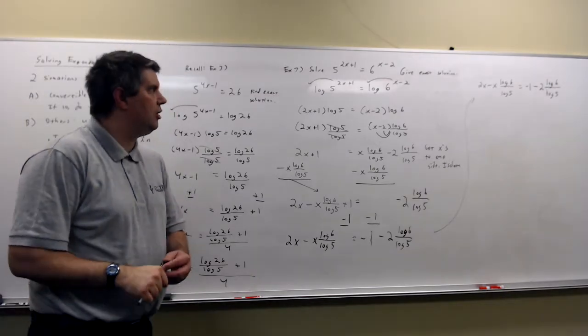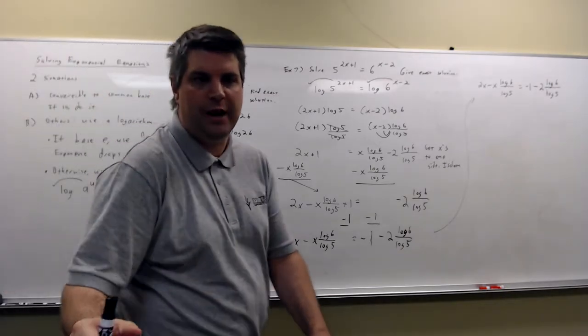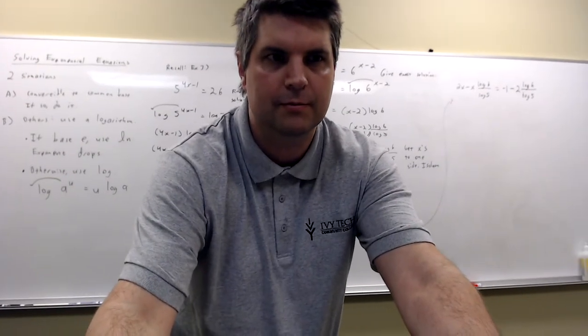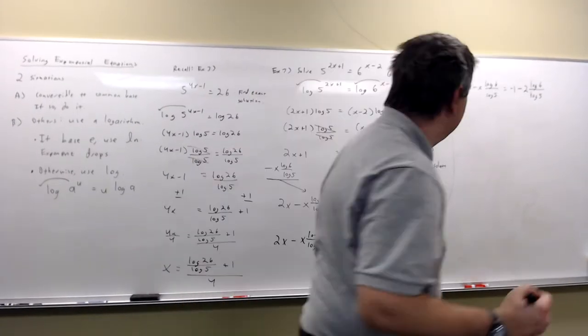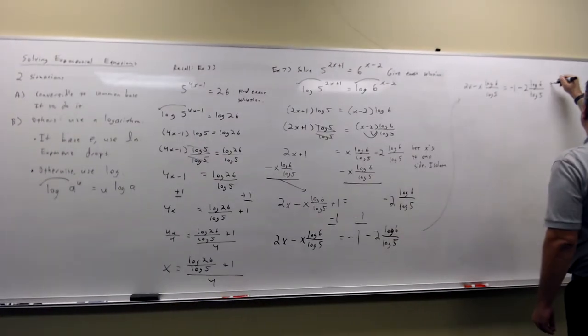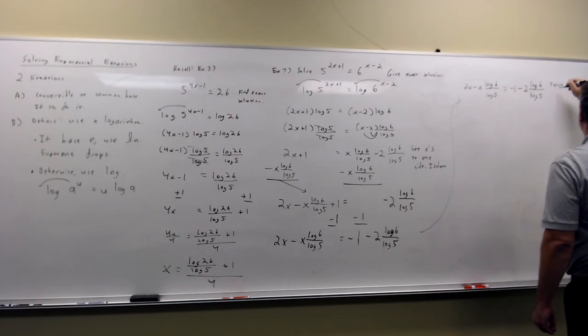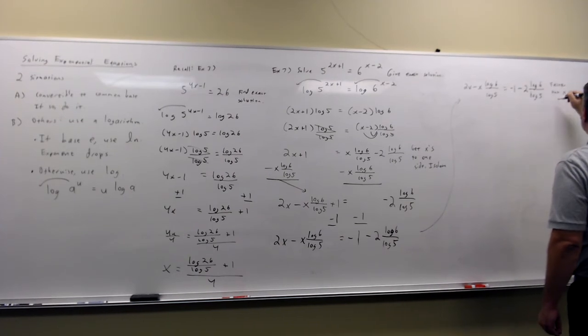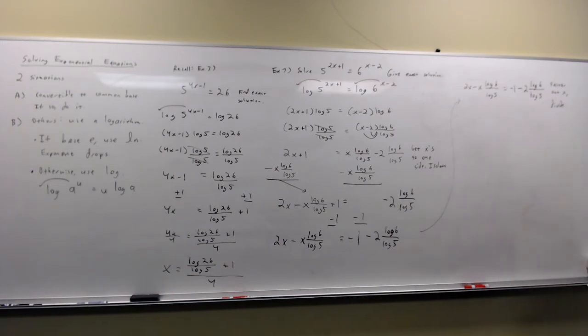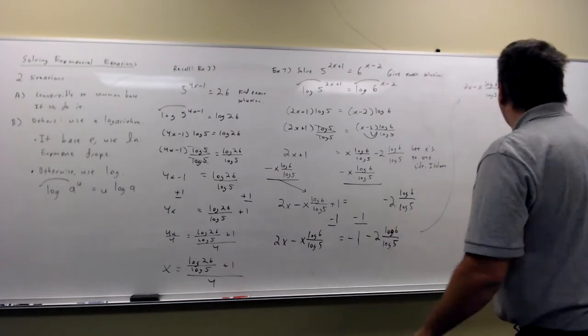It does. Okay, good. Now, what I'm going to have to do next is factor out x and divide. Okay, so that's the next step. Factor out the x and divide.